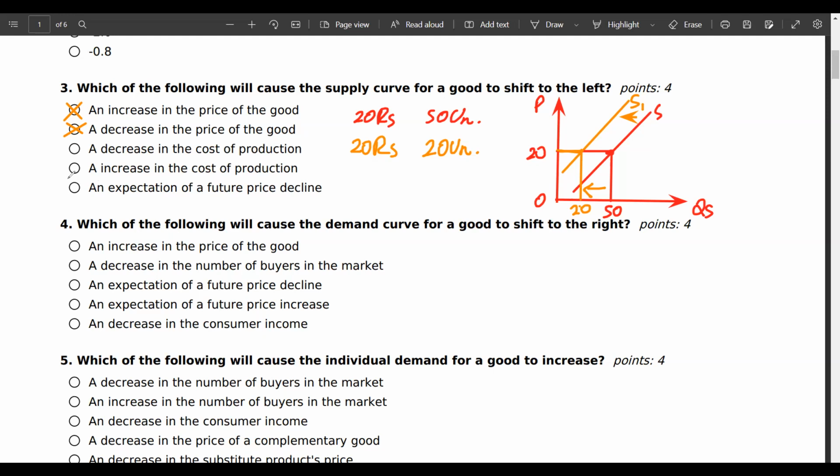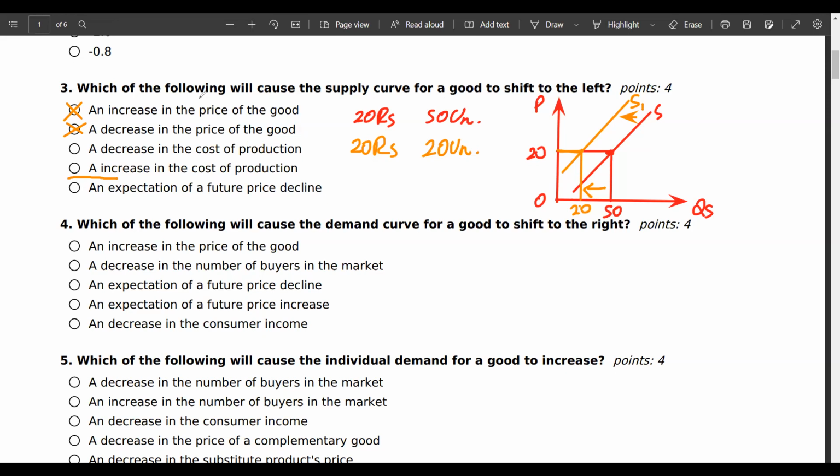Now, that is a valid reason for the supply curve to shift to the left. When the cost of production goes up, producers would reduce how much they are supplying. Why? Because the cost of production has gone up, which means profits are now down, so the producers will supply less. The supply curve would shift to the left in that scenario. So the answer is the fourth one, but we'll look at the fifth one also.